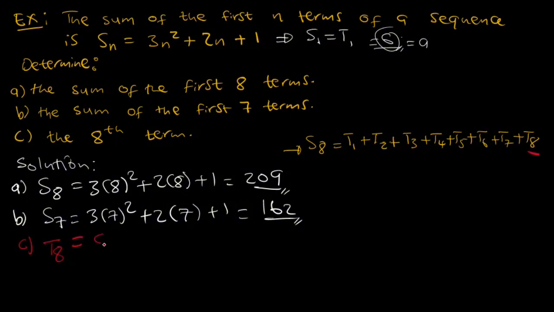Term 8 is S8 minus S7, all the time. This is what you must know: Tn equals Sn minus S(n minus 1).